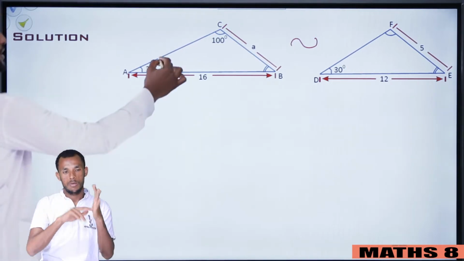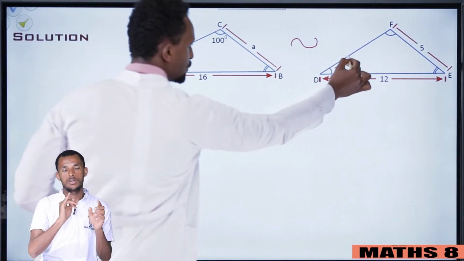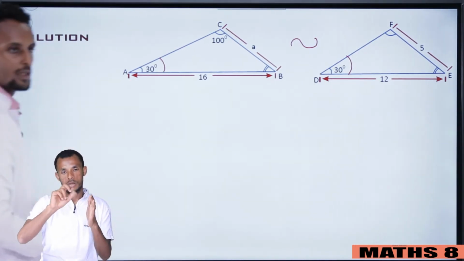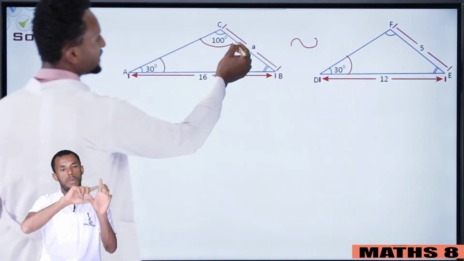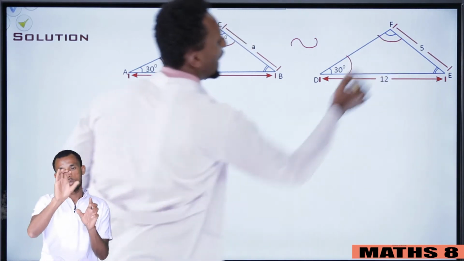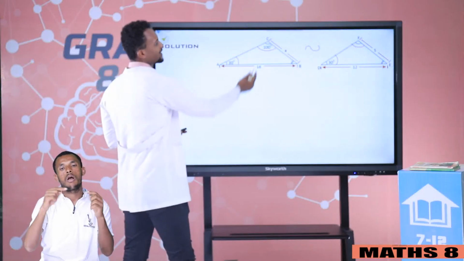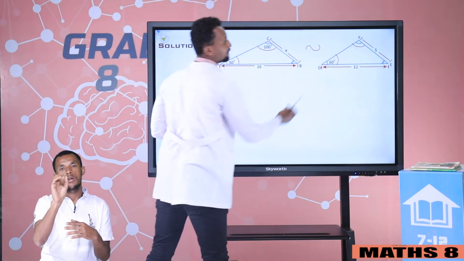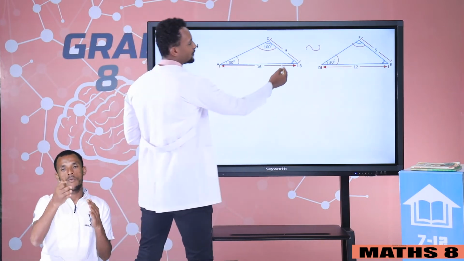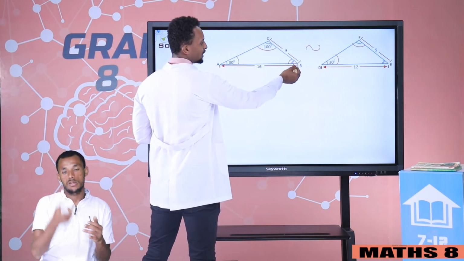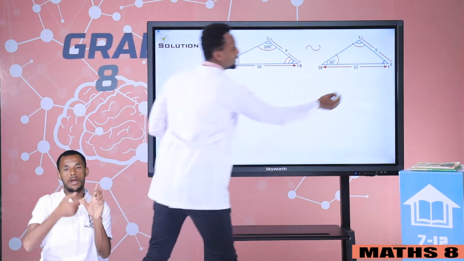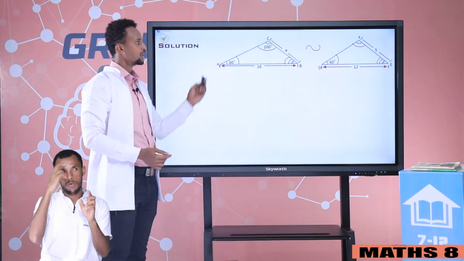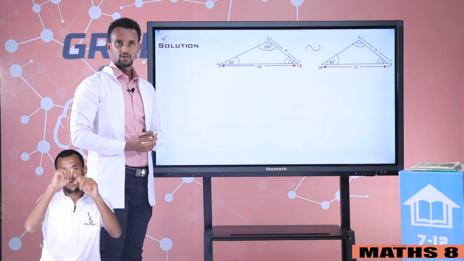That means this angle is congruent to this angle, that is 30 degrees and 30 degrees. And also angle C is congruent to angle F. That means if the value of C is 100 degrees, the value of F also has to be 100 degrees. And the last one, this angle has to be congruent to this angle because the two triangles are similar.